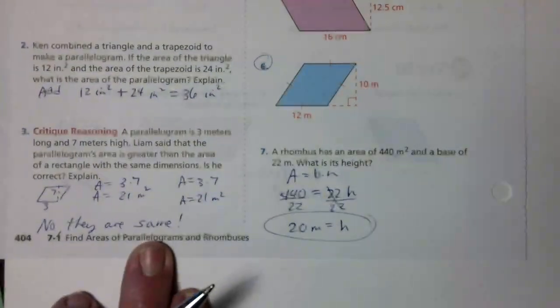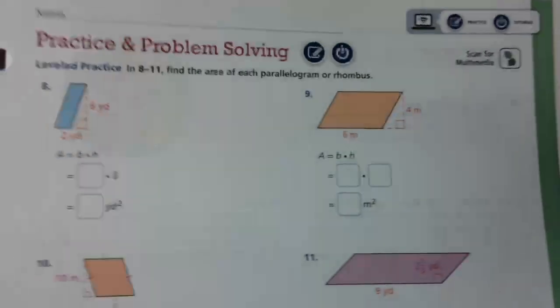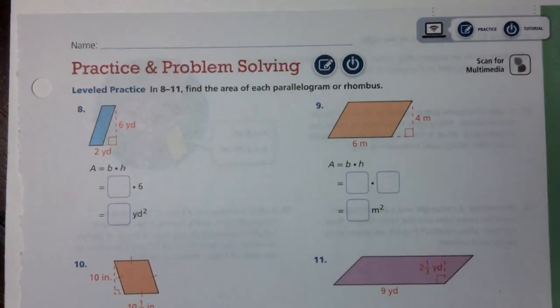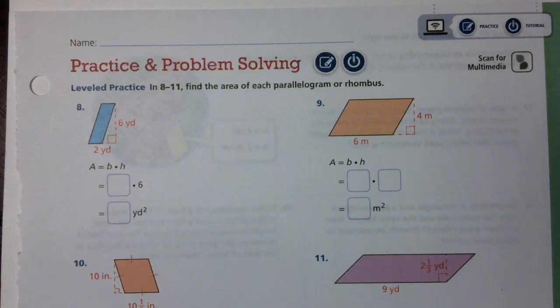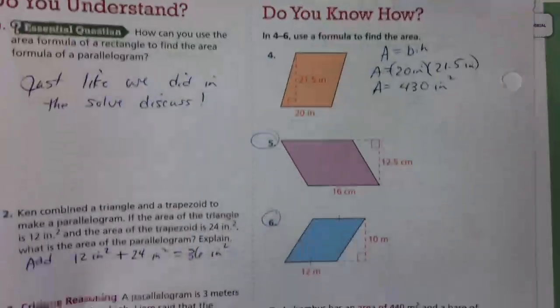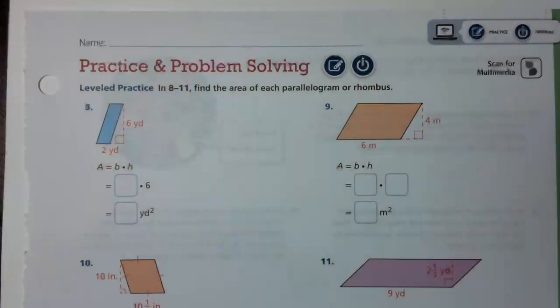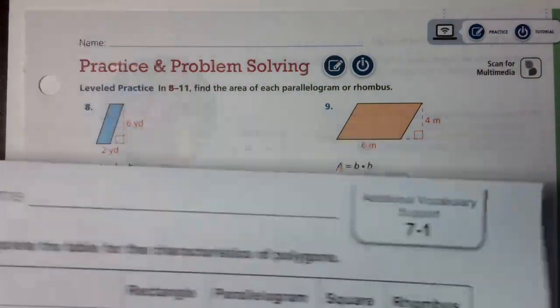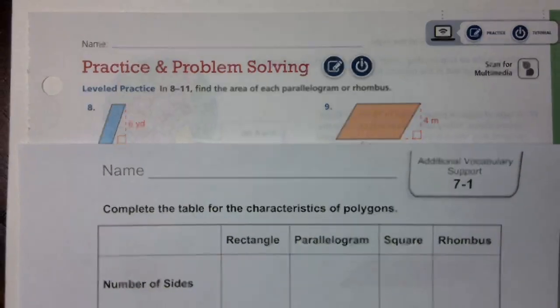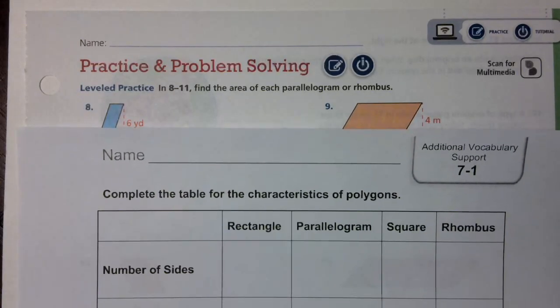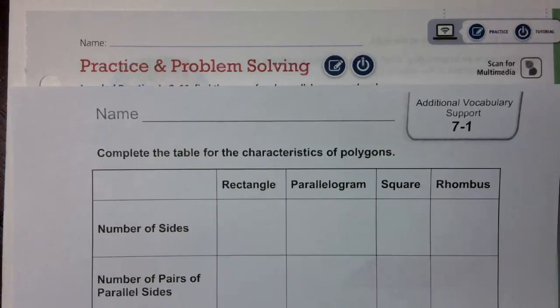Okay. Your job for the remainder of class time is to do the practice and problem solving. You also need to finish 5 and 6 on this page and 8 through 15 on this page. Whatever your teacher asks of you, you have a vocabulary page that you really need to work on.